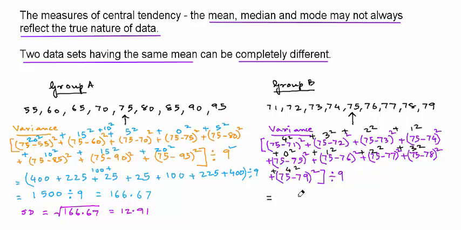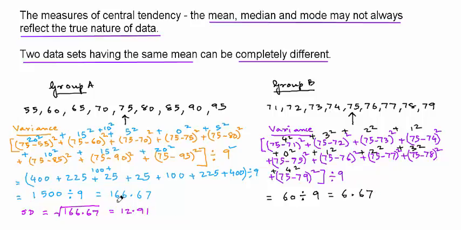And all of that would just add up to, we have 16 plus 9, which is 25, 25 plus 4 is 29, plus 1 is 30, so you have 30 on one side and 30 on the other side, that makes it 60. And 60 divided by 9 is 6.67.